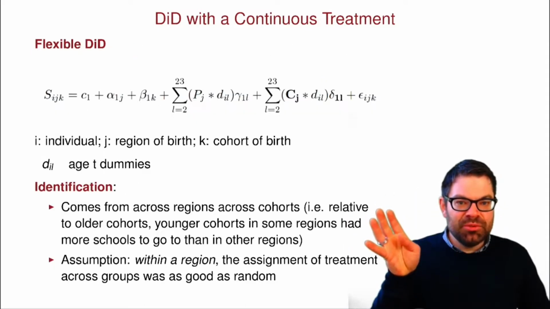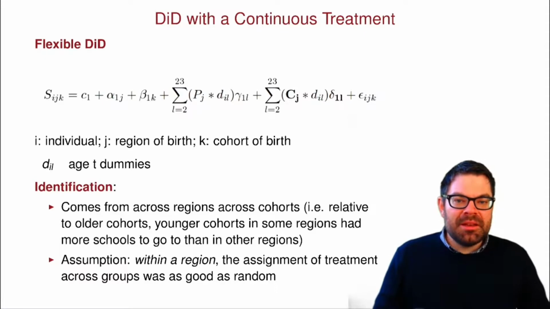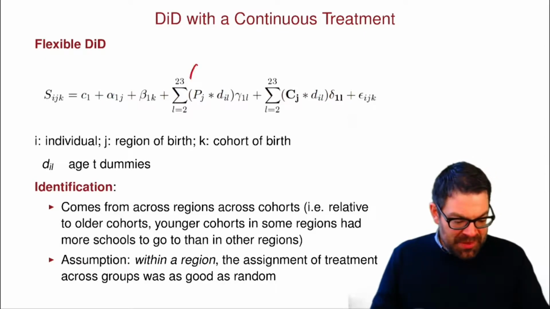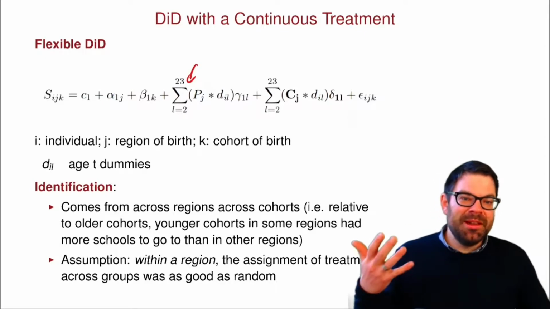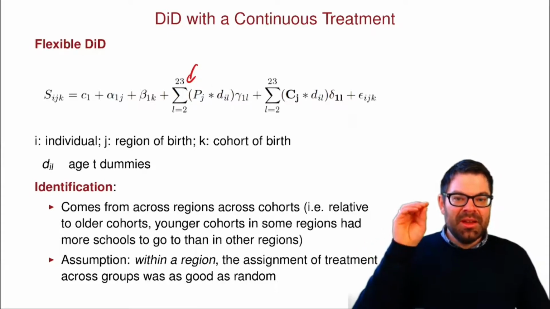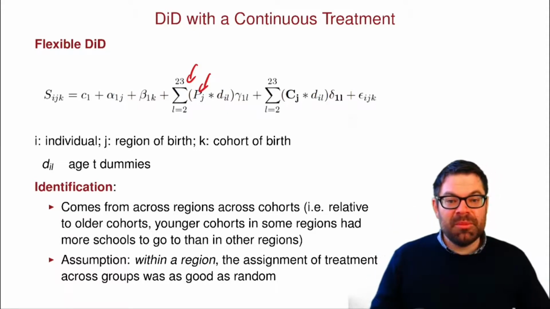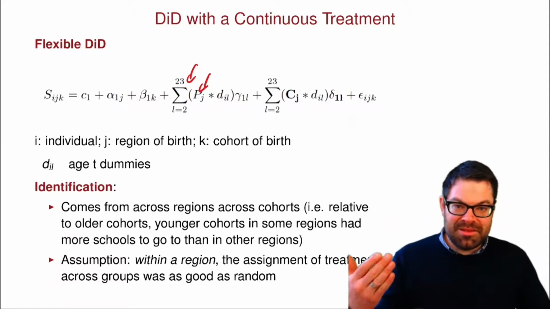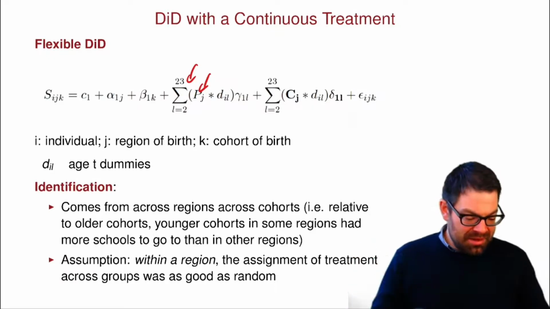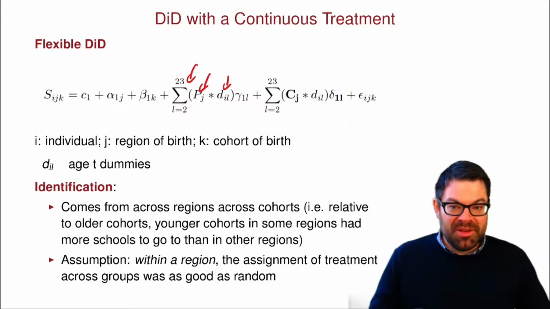It's just a 2x2. But then she also has the equivalent of leads and lags, but here it's really just cohort dummies. Okay, so here you have the interaction of the treatment intensity, how many schools have been built in that year, interacted with cohort dummies.